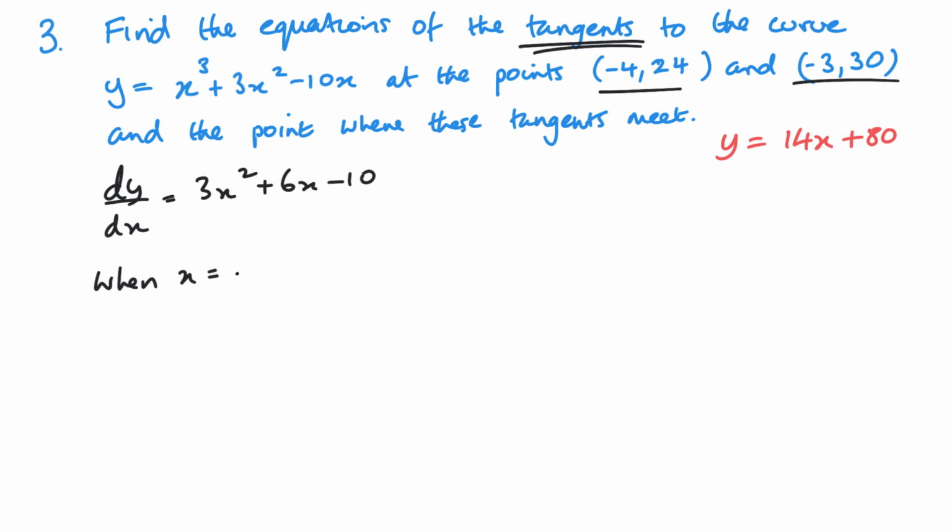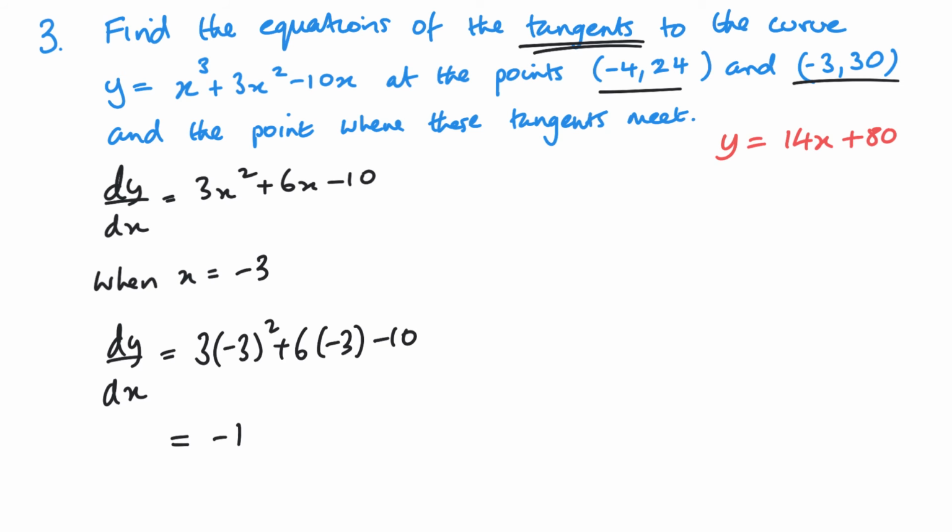Now we're going to work out the gradient and the equation when x is negative 3. So dy by dx equals 3 times minus 3 squared plus 6 lots of minus 3 minus 10. And that gives me negative 1. So my gradient here is negative 1 and my coordinates are minus 3, 30.